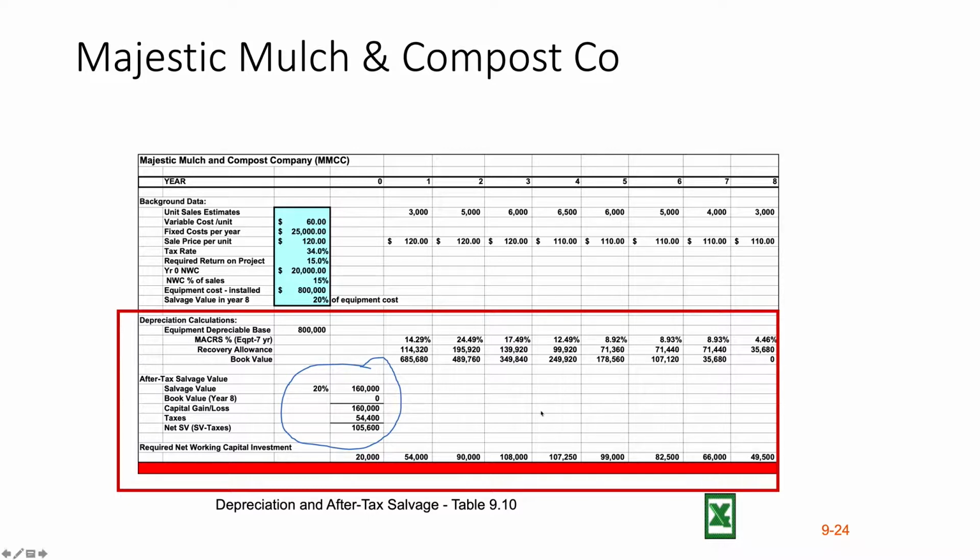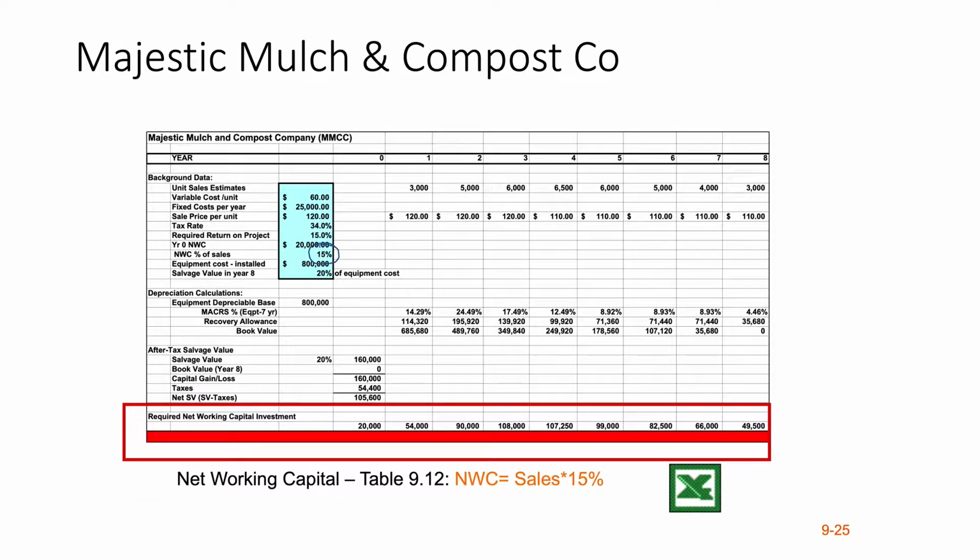Now let's look at table 9.11. It's the net working capital change. Net working capital, by assumption, is 20,000 the first year, but then it becomes 15% of that year's sales. So the first net working capital, 54, is 15% times what the sales number is.